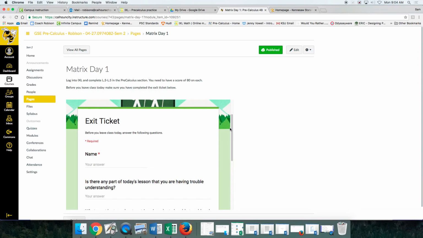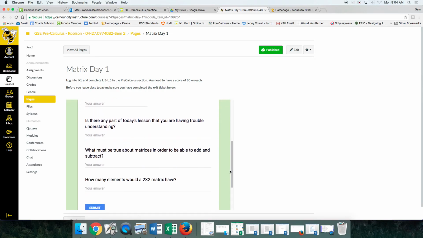It basically gives you a chance, if there's something we've gone over today that you still don't quite understand, to put that right there. If you're good on everything, then just put I'm good on everything, I understand it all. But then there are 2 questions about what we covered today. Very simple stuff there.